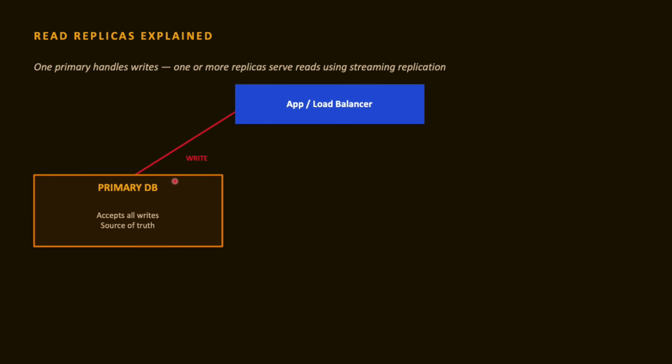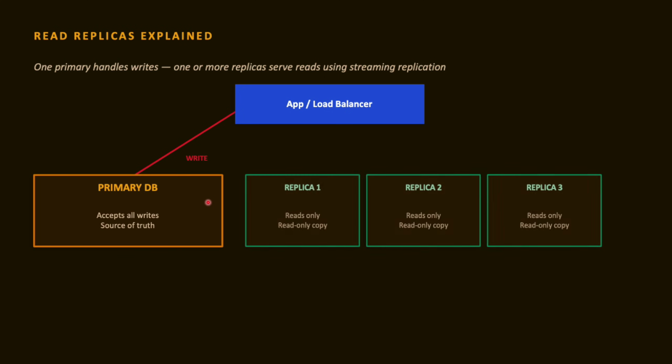WAL stands for write ahead log. It is a file where the history of each write operation is stored. All the replicas continuously stream that WAL from the primary database, and they replay those changes on their own copy of the data. This typically takes less than 100 milliseconds, which means the replicas are almost always current.